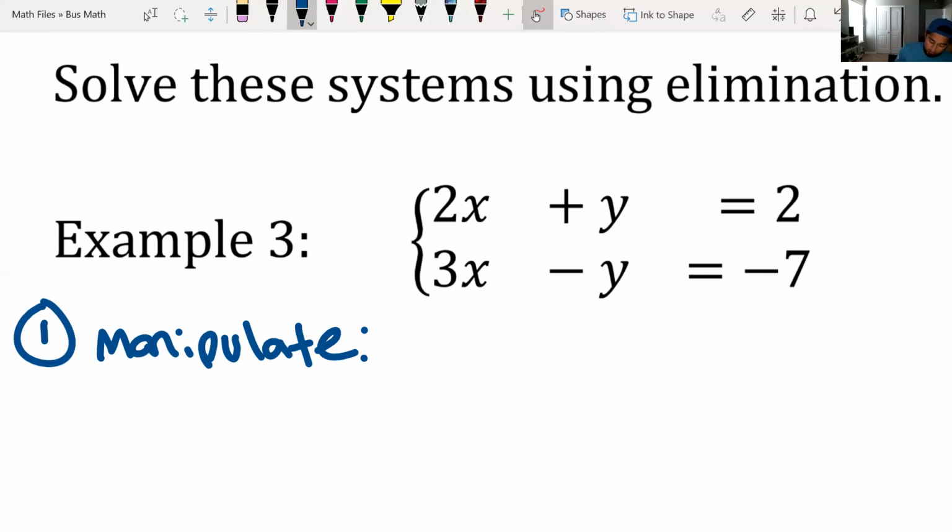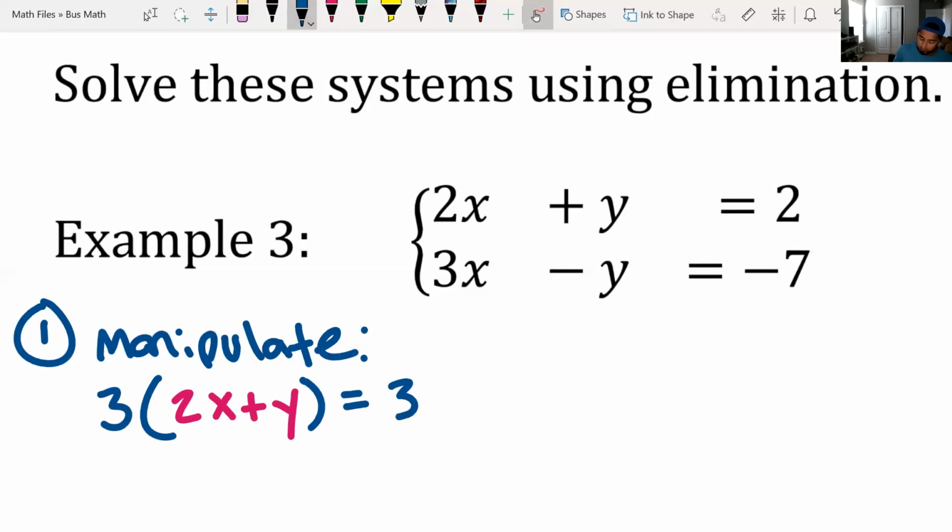So I'm going to say 3 times the equation that's in there, 2x plus y, equal to 3 times 2.